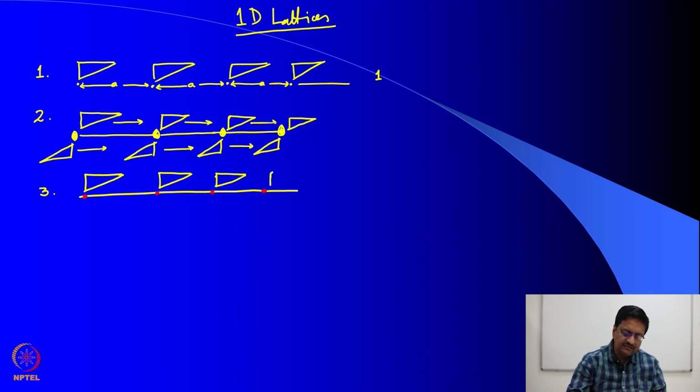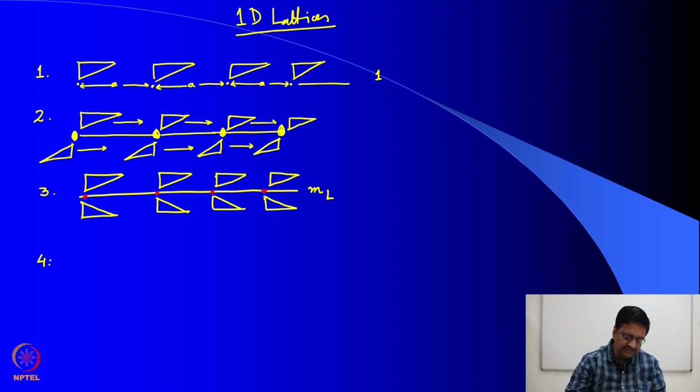So this is the same as 1. Now, if this line is a mirror plane and we call it a longitudinal mirror or ML, the reflection generates the object like this. Right? So this is the third type of lattice.